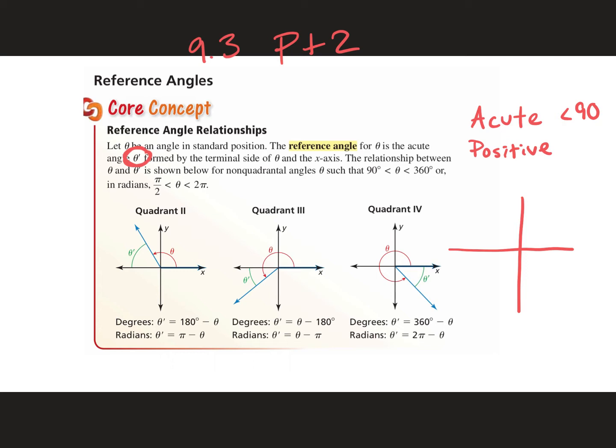To find our reference angle, if we are in the first quadrant, whatever our theta is, our reference angle is the same thing. In quadrant 2, the one in the top left, our reference angle, theta prime, is 180 minus whatever our theta is.